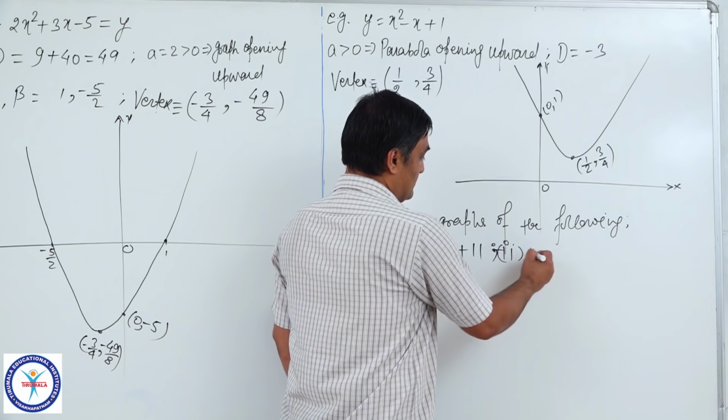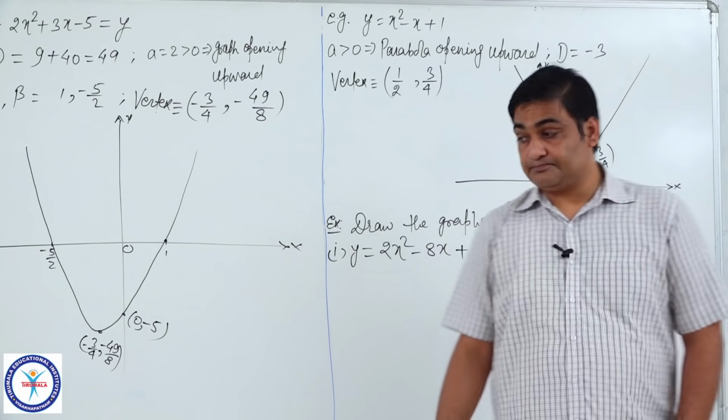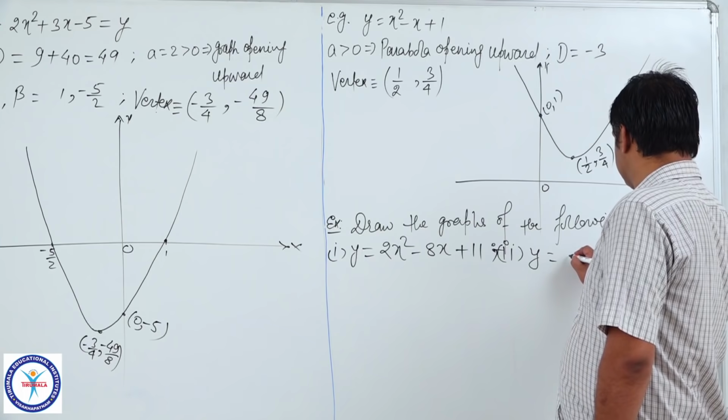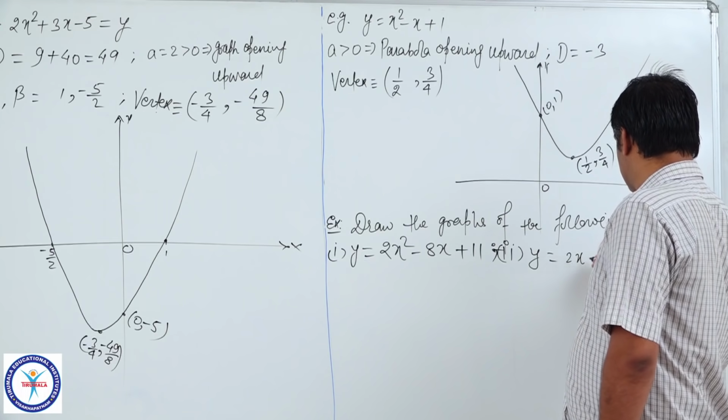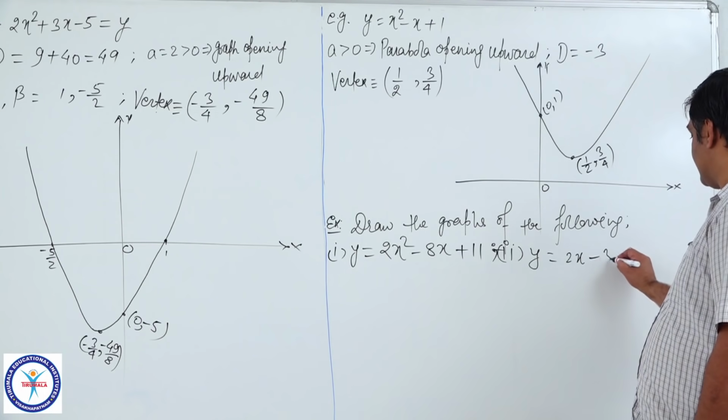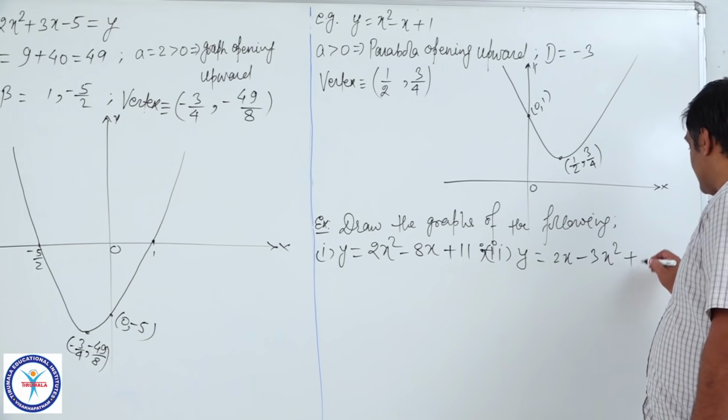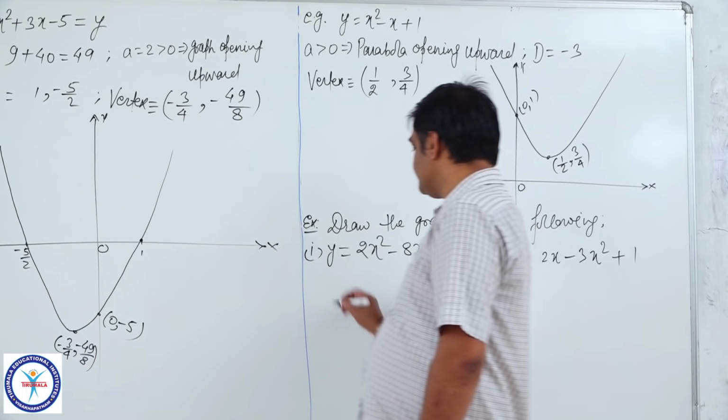Second, y equal to 2x minus 3x square plus 1.